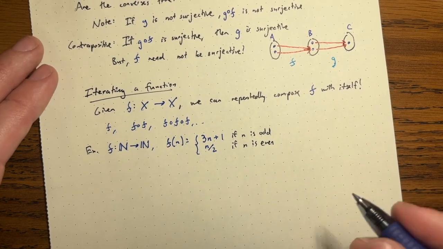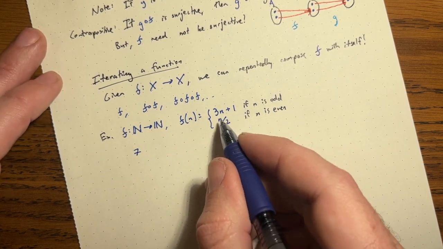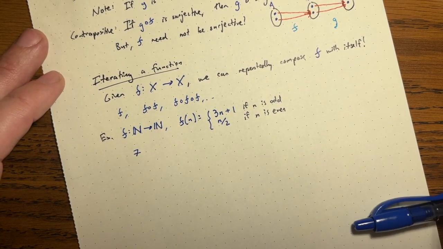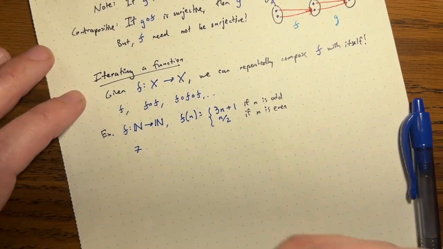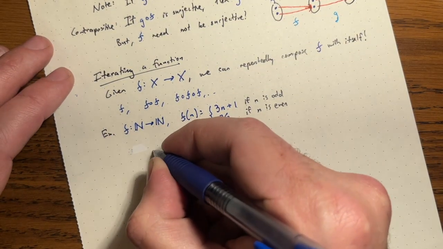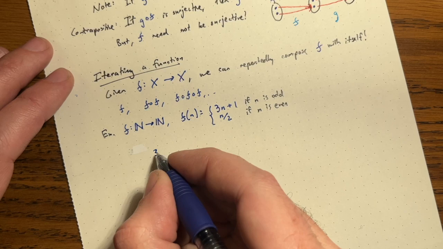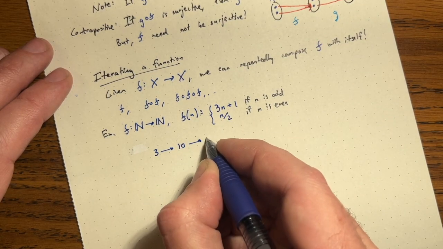And in the Collatz conjecture, what we did was we start with a number, and then we repeatedly apply this process. So for example, 7. Let me do one where you can see the point sooner. So let's start with 3. Then we do 3n plus 1. That goes to 10. Then 10 is even, so it goes down to 5.